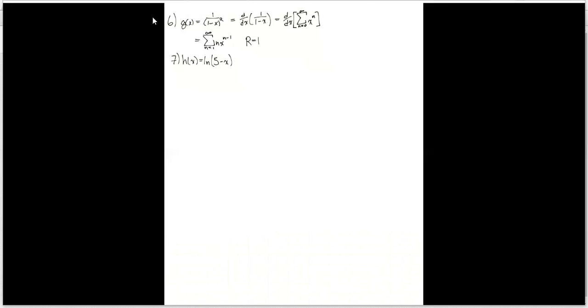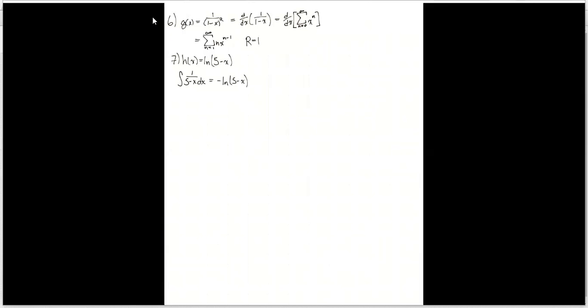Okay, so we have the natural log of 5 minus x. Well, if we have the integral of 1 over 5 minus x dx, this is negative natural log of 5 minus x, right?